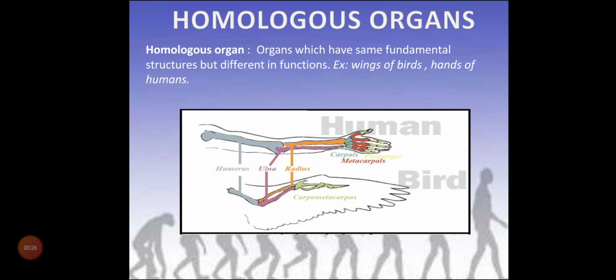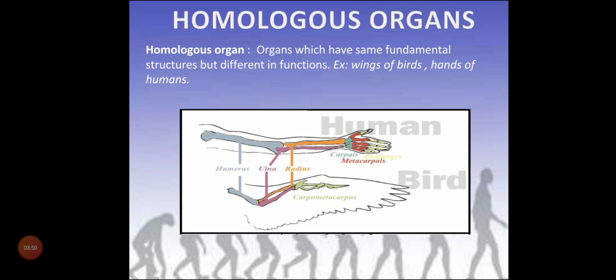The organs which perform different functions in different species but have a similar basic structure and similar embryonic origin are called homologous organs. There are a number of organs in different groups of animals or plants which have a similar basic design but are used for different purposes.